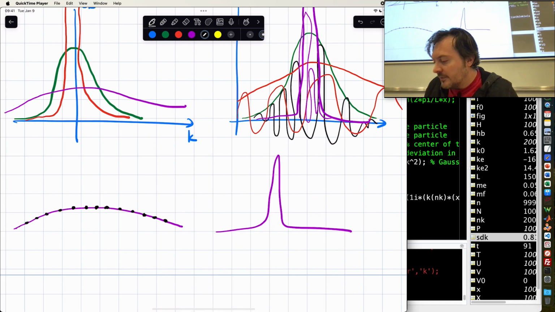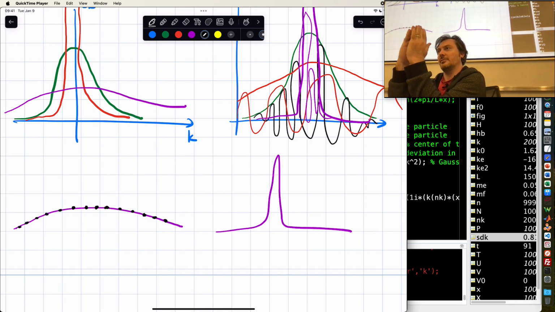So I used a lot of different velocities to construct a certain position.